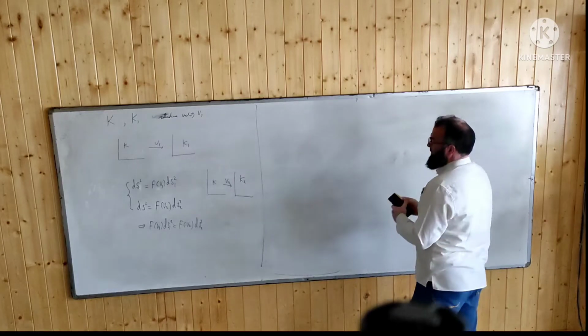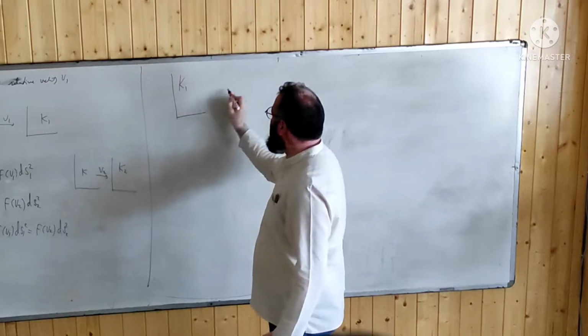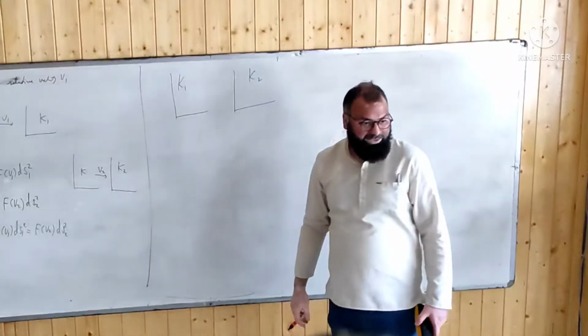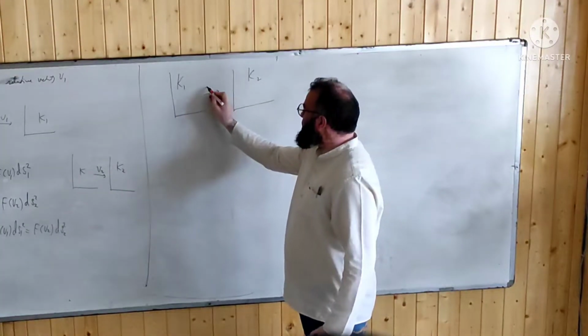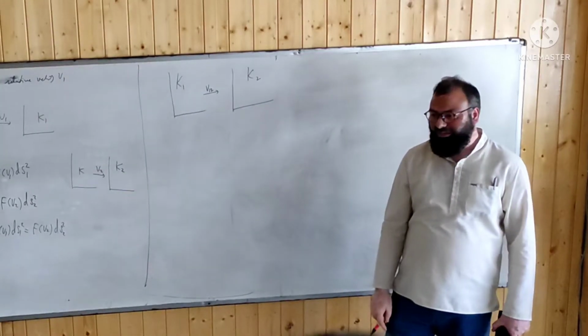We don't know the orientation between the two. So v12 will be the velocity between 1 and 2.